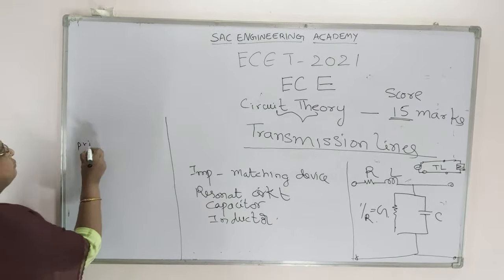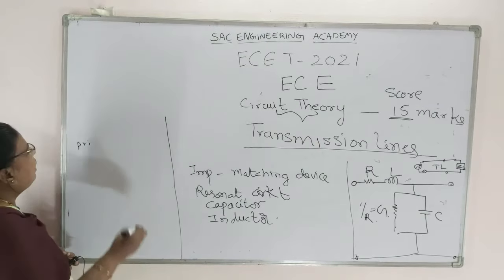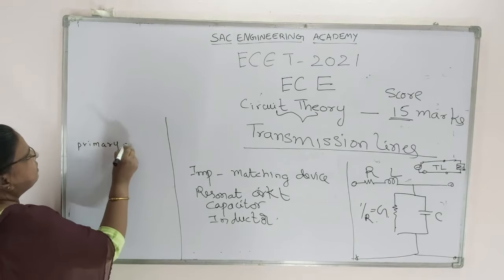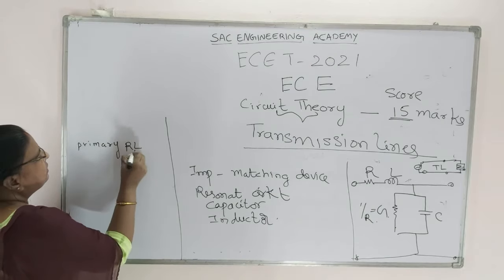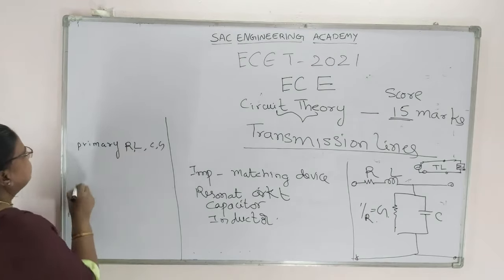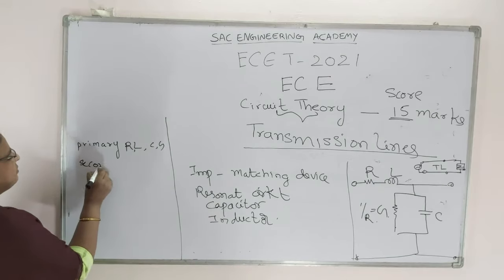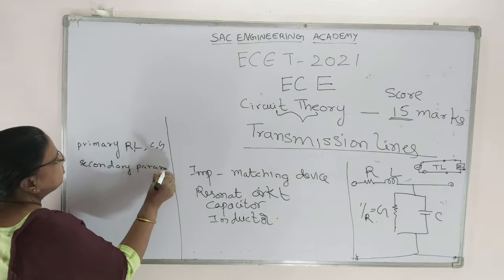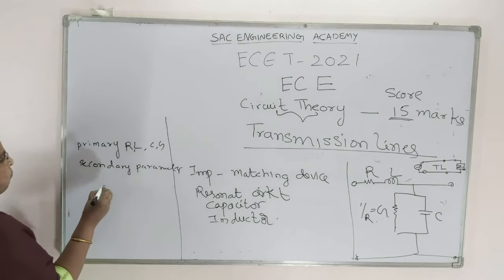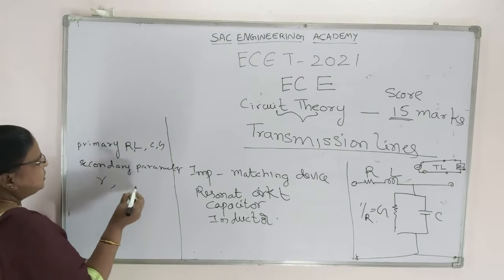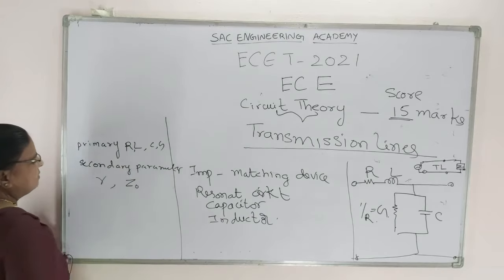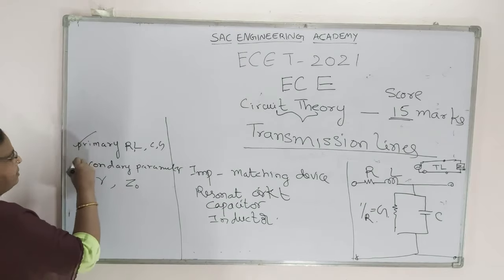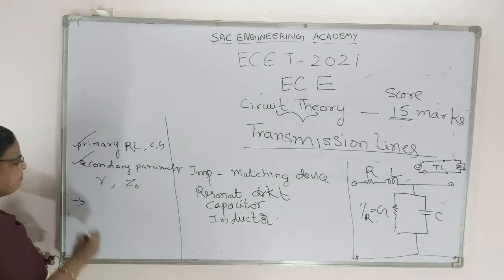In this network, the primary parameters are R, L, C, G, and the secondary parameters are propagation constant and characteristic impedance.